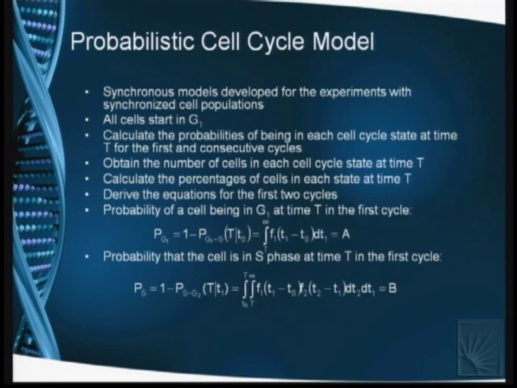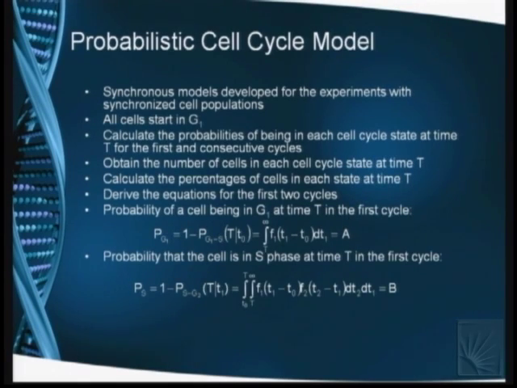Then you can calculate the probability of cells jumping from S phase to G2, and 1 minus that probability will give you the probability of a cell being in S state. So here these two F's represent that you were in G1 at T0, then you jumped to S at T1, and you were in S phase at T1, and this is the probability to jump to G2 at T2.